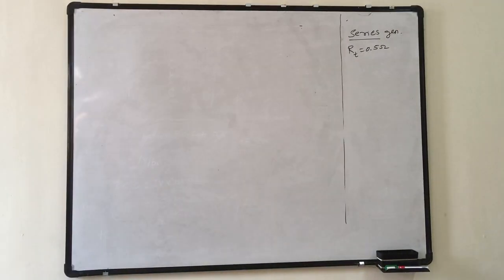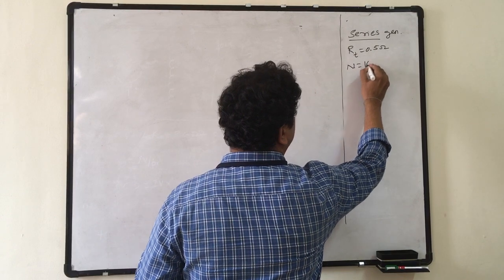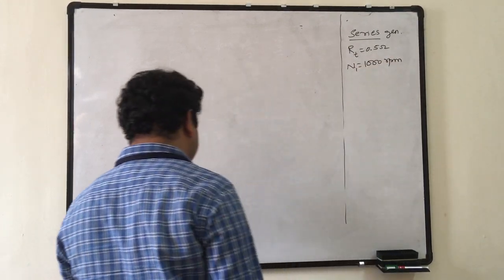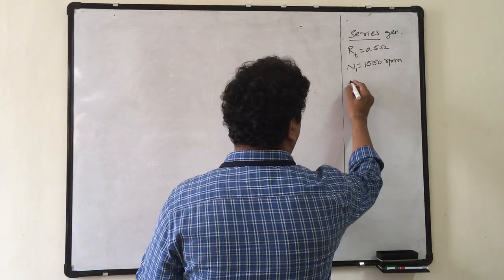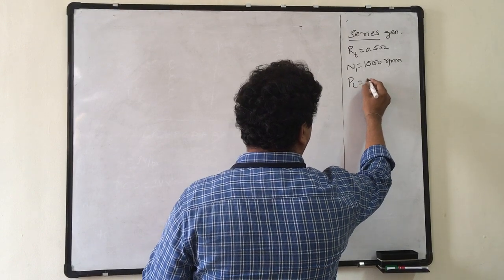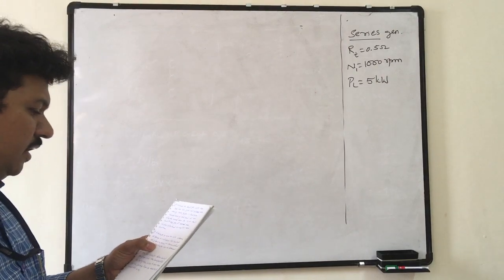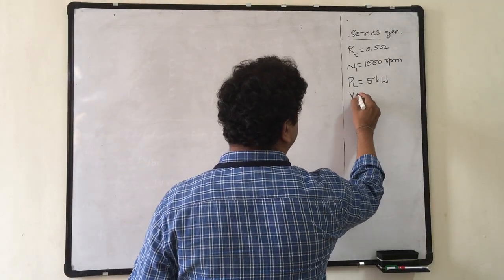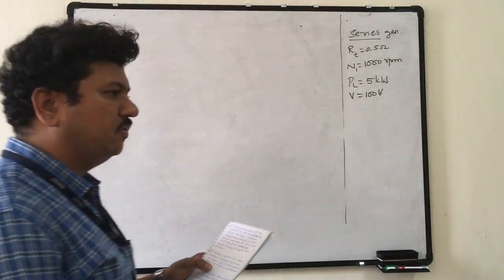It is running at 1000 rpm. Let us take it as N1, the first speed, 1000 rpm. It is delivering a load of 5 kilowatts at terminal voltage 100 volts.